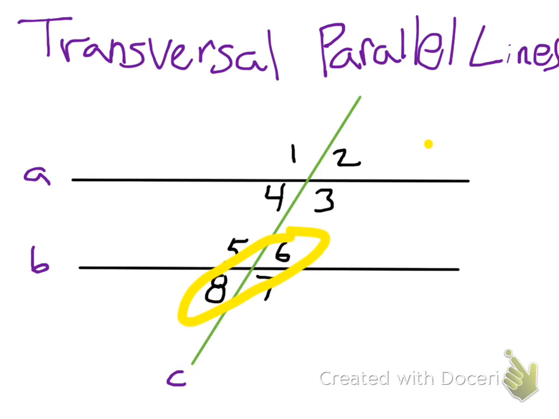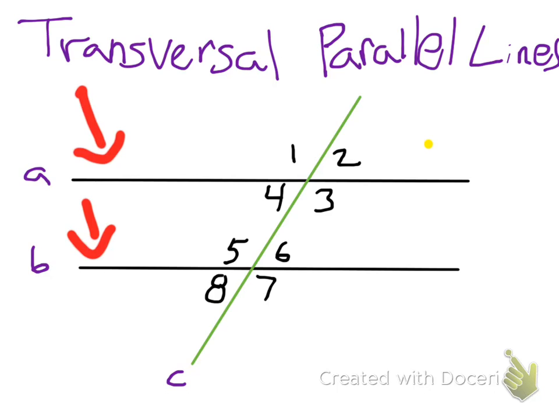Now, if we are looking at our two parallel lines, I'm going to look at line A and line B, and I am doing that right now. What I want to notice is some important aspects of our angles.